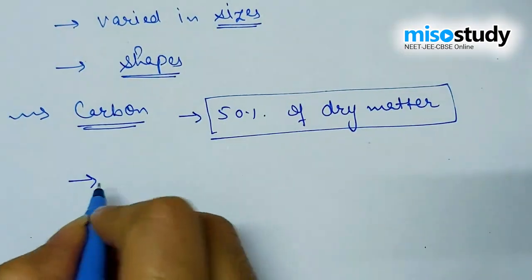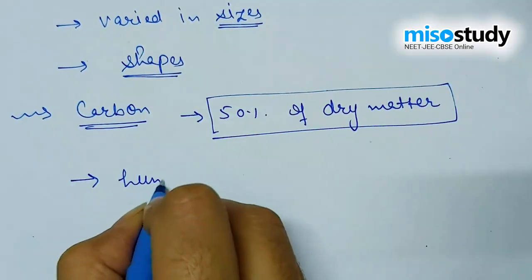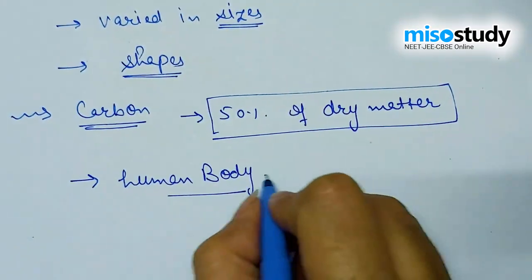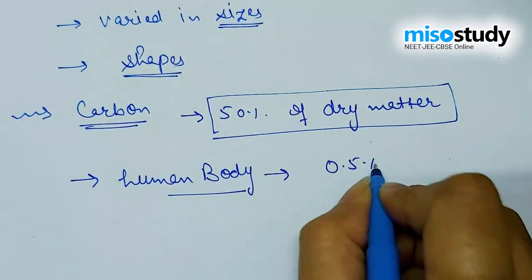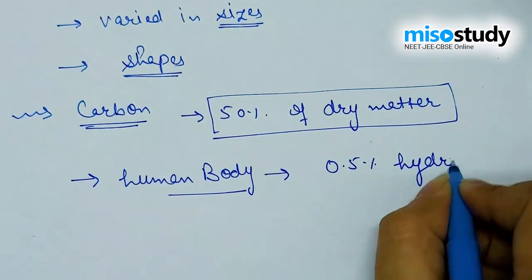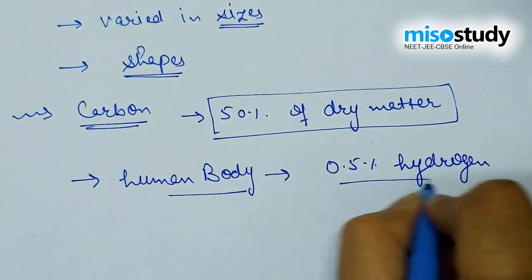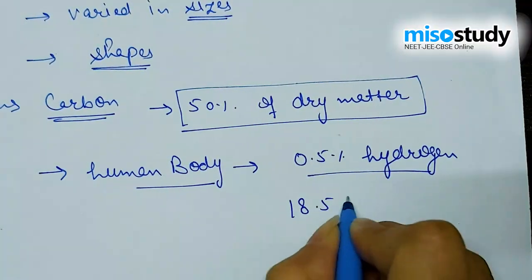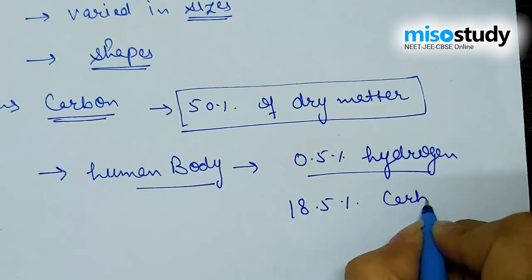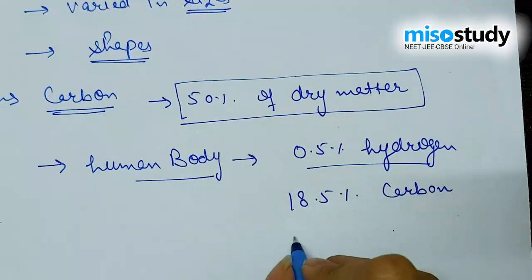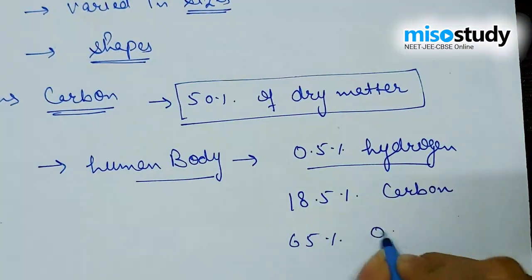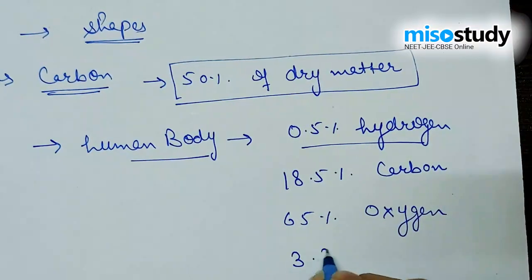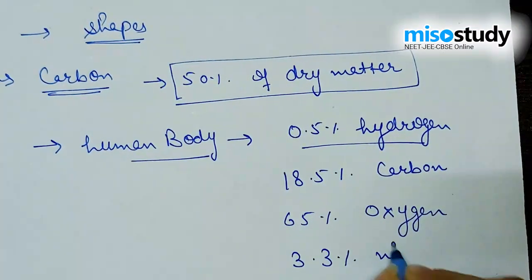It is observed that the human body contains 0.5% of hydrogen, 18.5% of carbon, 65% of oxygen and 3.3% of nitrogen.